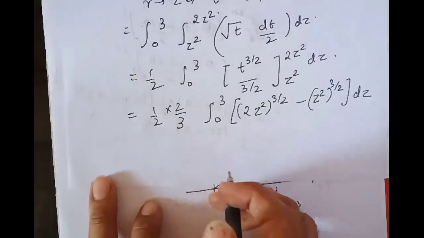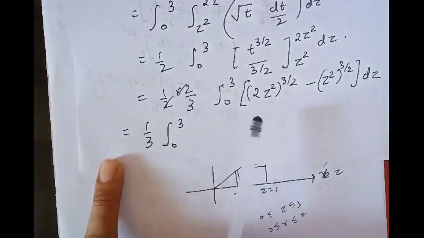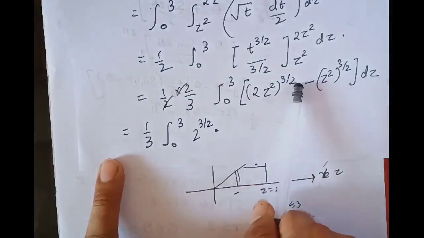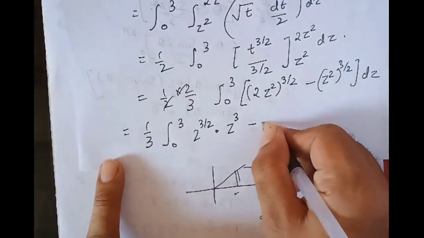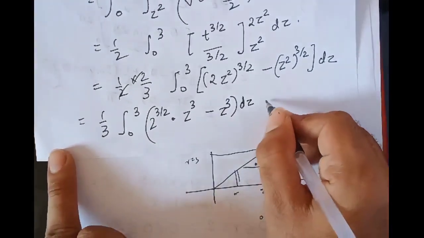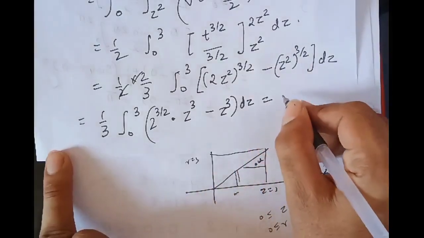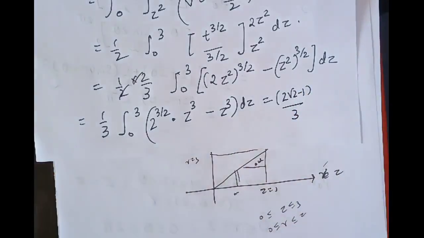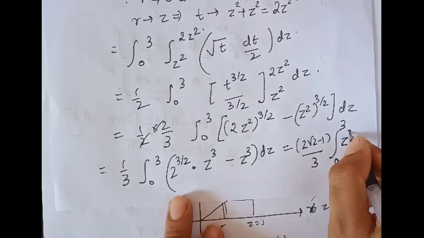Simplifying further, that will be 1 by 3 integration 0 to 3 of 2 raised to 3 by 2 multiplied by z square to the 3 by 2, which is nothing but z cube, minus z cube again, dz. This 2 raised to 3 by 2 minus 1 is a constant. So finally I will get 2 root 2 minus 1 by 3, and then integration 0 to 3 z cube dz.